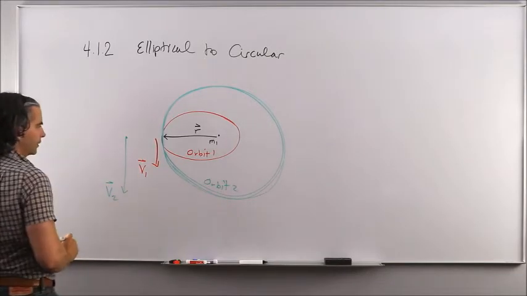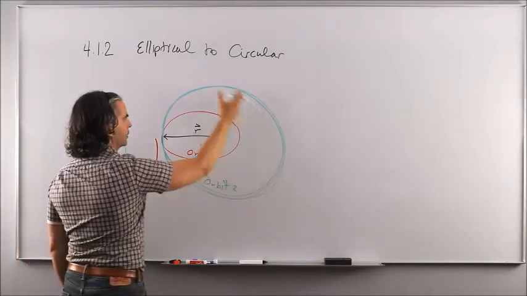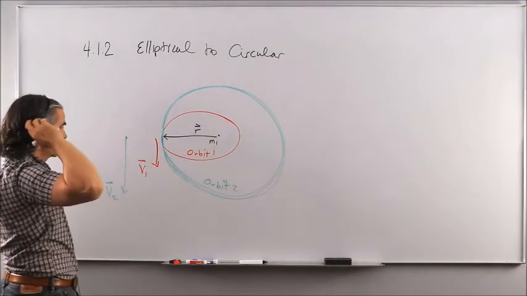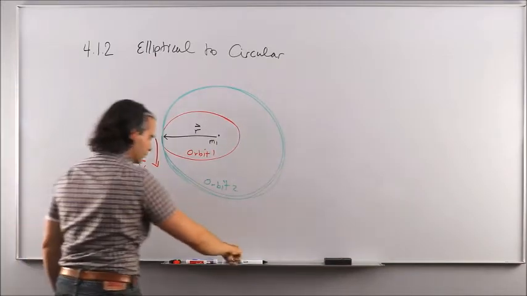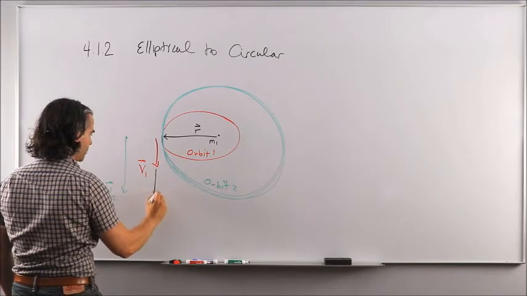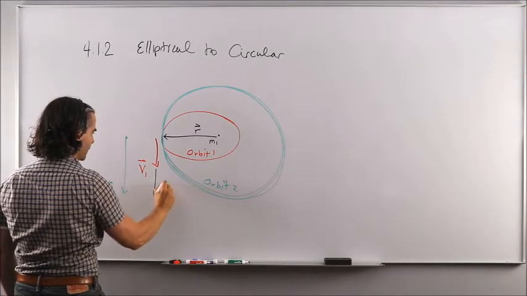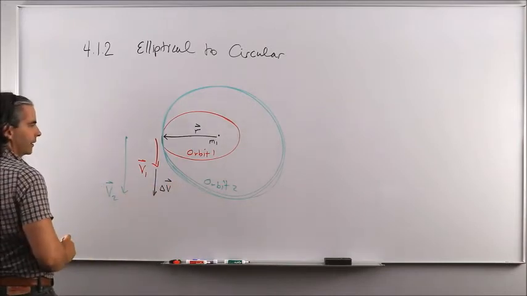V2 like this, because we increase the energy of the initial orbit to be that of orbit 2, right? Such that delta V will be a propulsive maneuver increasing the net speed. It's in the same direction as V1, like that.